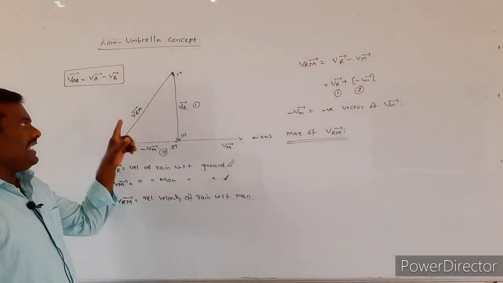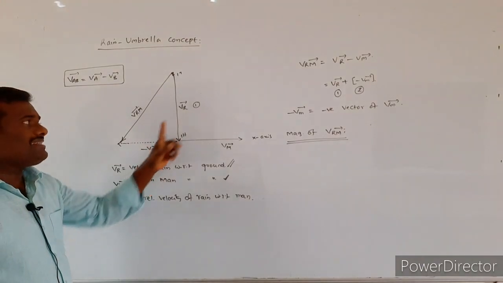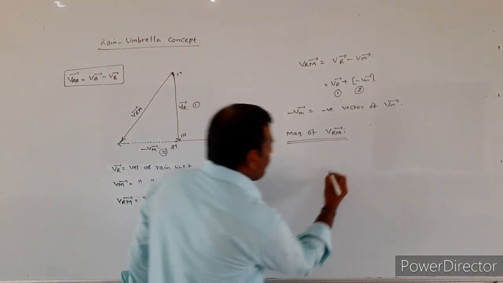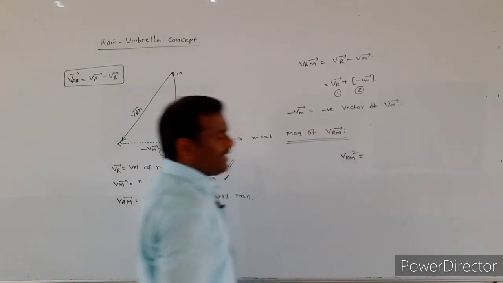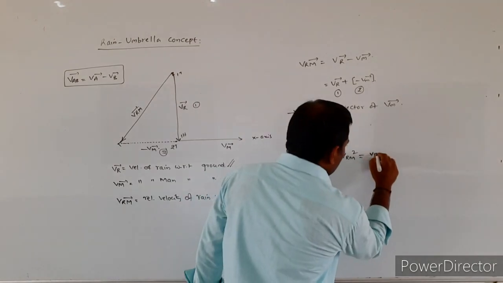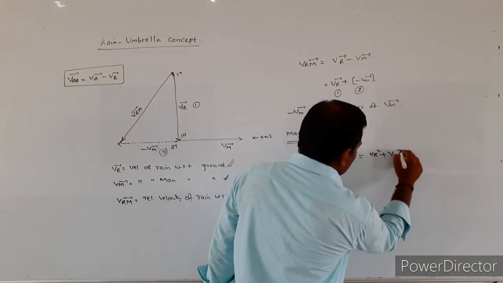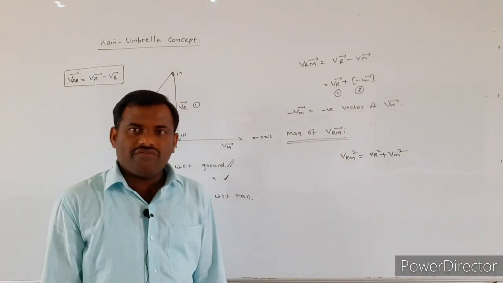From the right angle triangle, square of the hypotenuse is equal to square of the side plus square of the other side. Therefore, from the Pythagoras theorem, Vrm square is equal to Vr square plus Vm square.